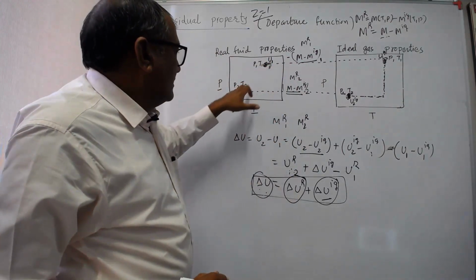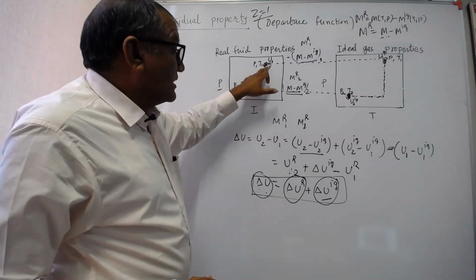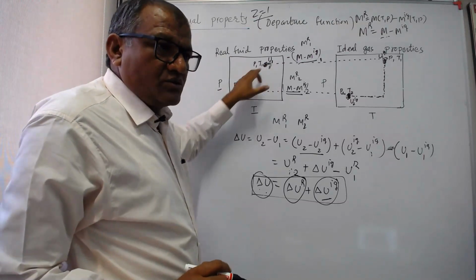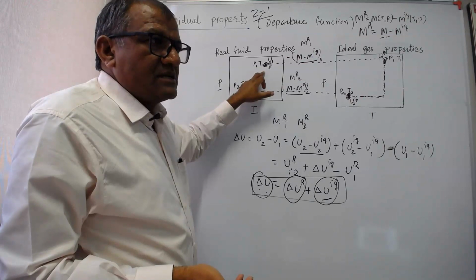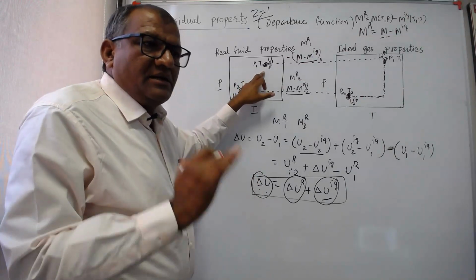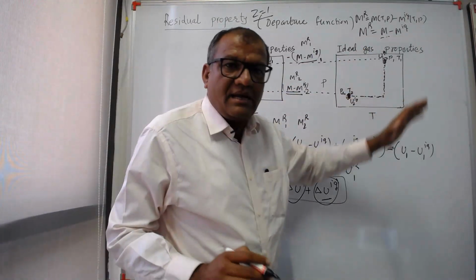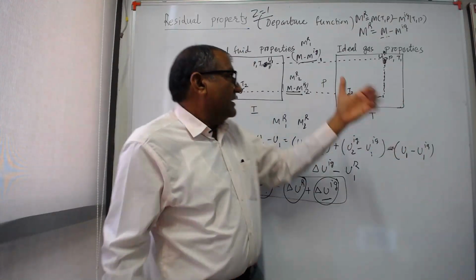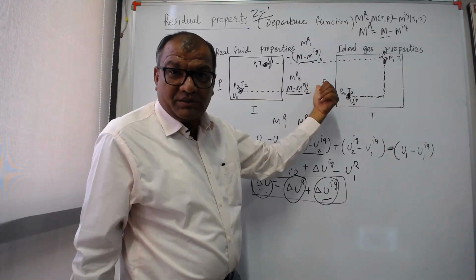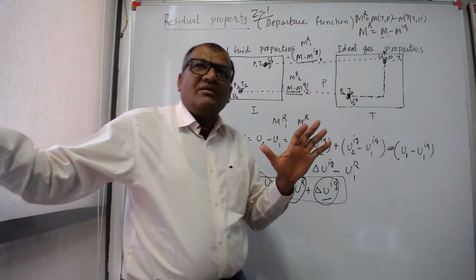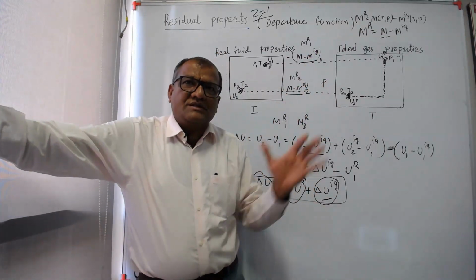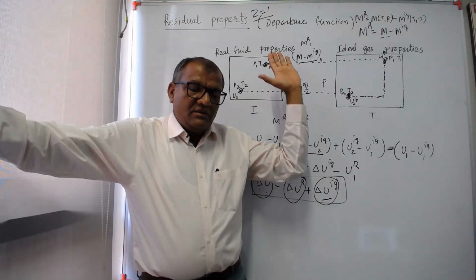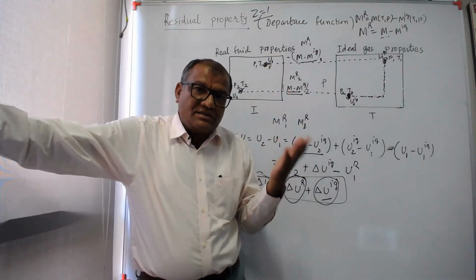something like internal energy change between two states for real gas, then you can apply the equations of an ideal gas, but you have to add some correction factor, and that is the residual property, because we don't have developed equations for real gas property change.